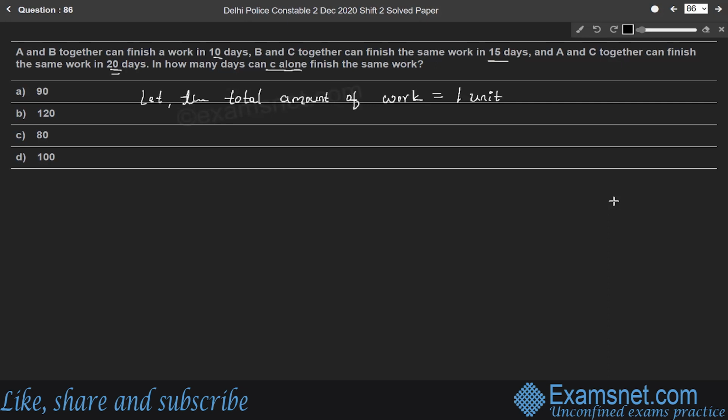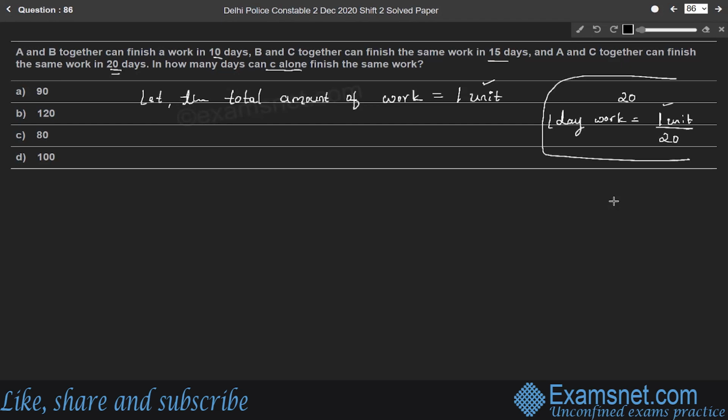For example, if a person takes 20 days to complete 1 unit of work, then his 1 day work will be the total work, which is 1 unit, divided by the number of days, that is 20. So 1 day work of the person will be the total work by number of days. In this case, it is 1 by 20, right?